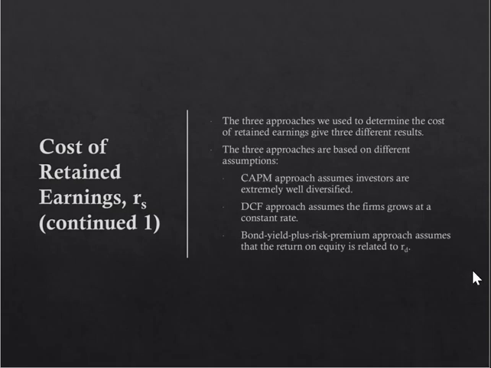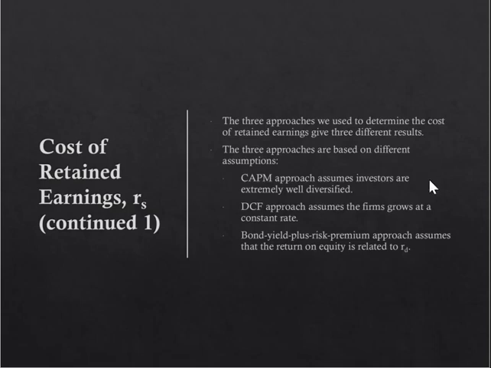Oftentimes, you'll use multiple methods and triangulate them in order to give you a best estimate for cost of retained earnings. You'll see the three approaches use different assumptions, and sometimes it's best to look at all three of them and determine what the outcomes are. And if there's a significant difference, you might want to dig into them a little bit more.